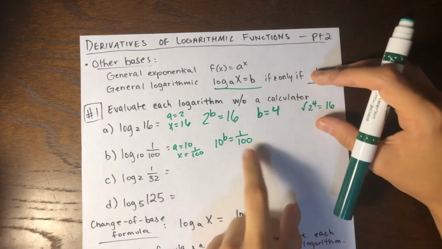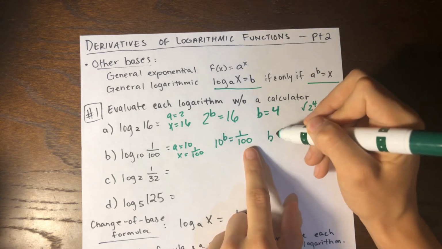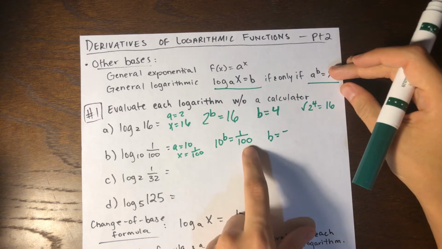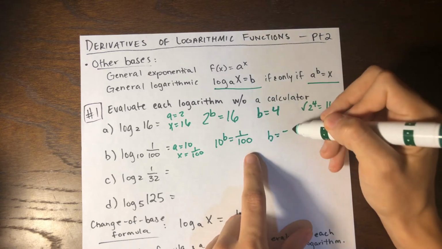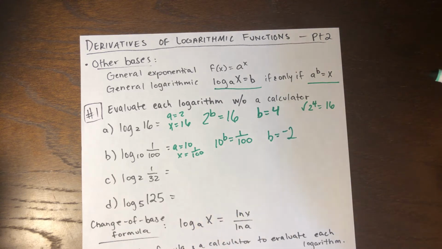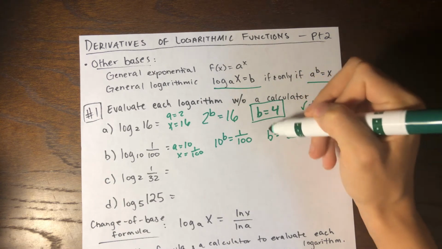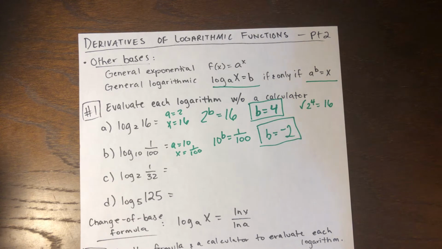So I know that b is going to be a negative exponent. Now 10 to what power would give us 100? Well, 10 times 10 is 100, and that would be to the second power, so b is negative 2. Okay, so these are our answers right here. This is what we're solving for.